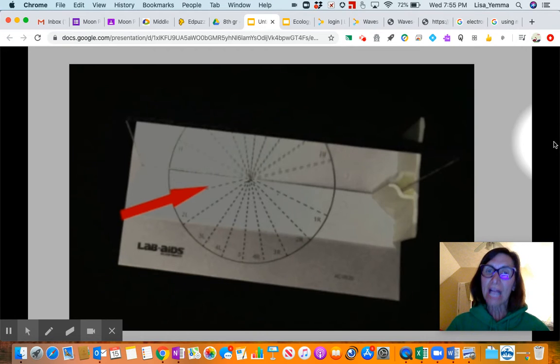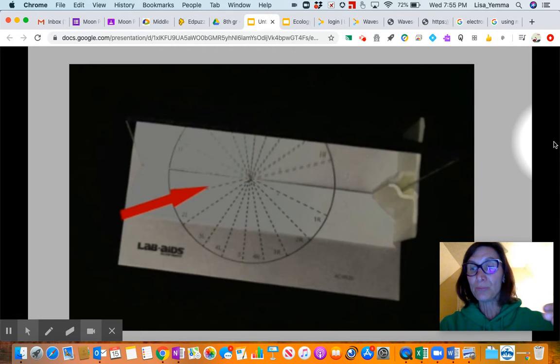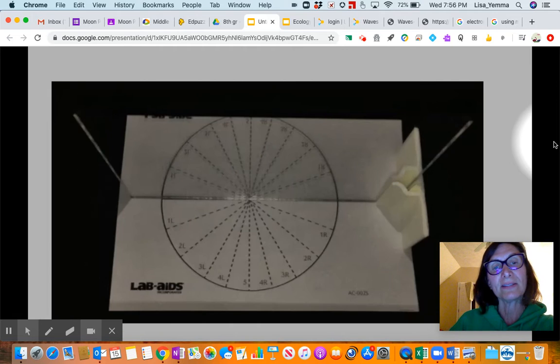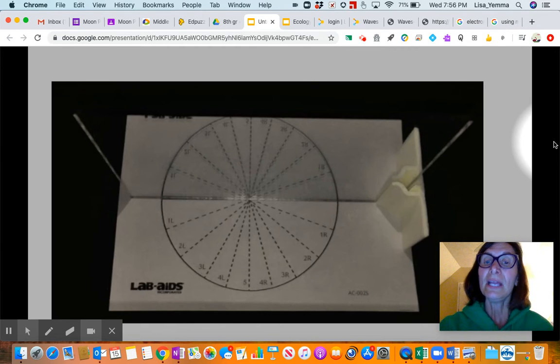If I shined my really thin, pointed laser at my flat mirror, my plane mirror, and it's coming in at this angle, and if I look at the previous diagram, it's labeled 1L, 2L, 3L, 4L. These correspond to left: the first left, second left, third left, fourth left. The fifth is straight down the middle, and then you've got the numbers on the right, 1, 2, 3, 4.